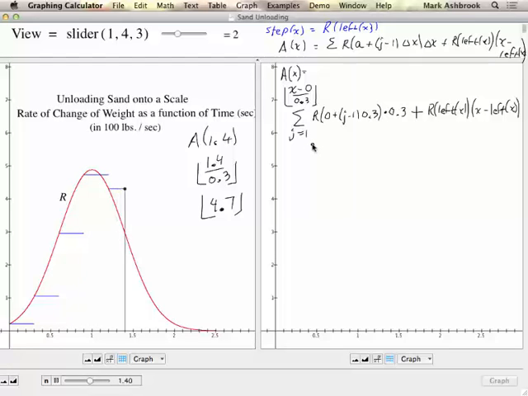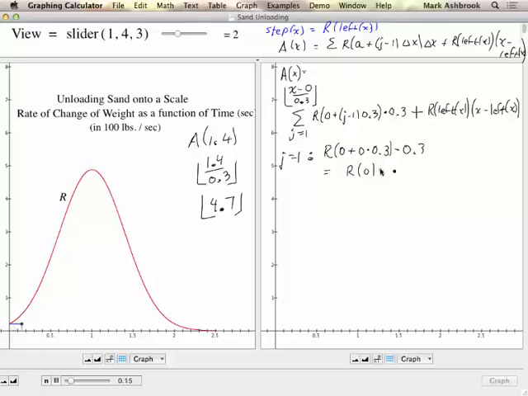It's going to be 1, and then 2, and then 3, and then it's going to end at 4. So j equals 1. Here we go. For j equals 1, what's the little bit of accumulation we get? We get r of 0 plus 0 times 0.3, times 0.3, which equals r of 0 times 0.3.